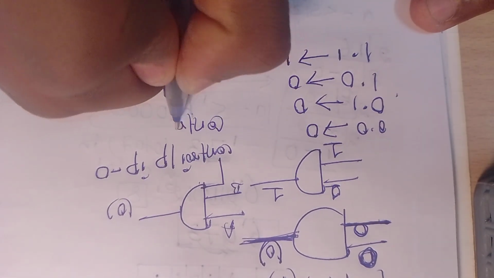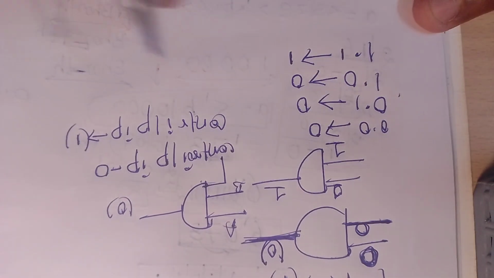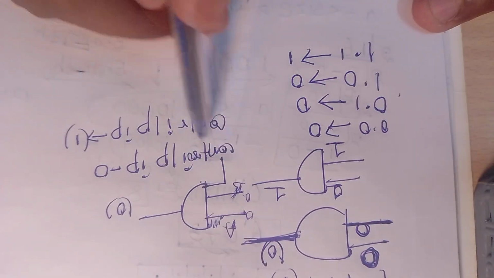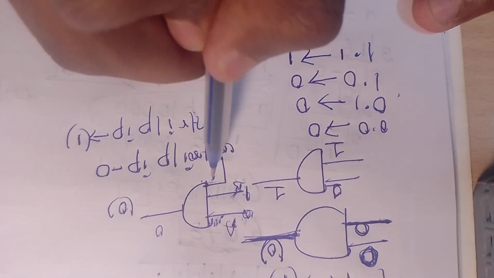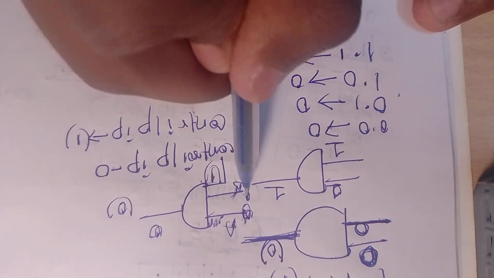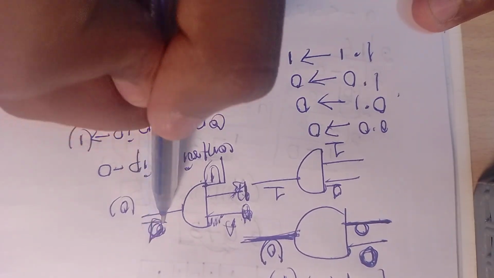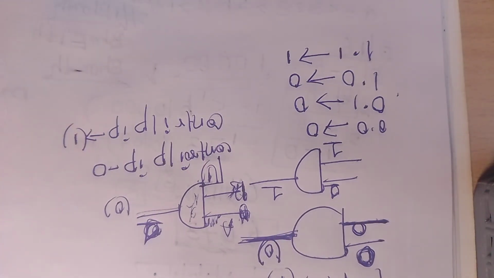If I need to enable my gate, you have to provide the control input as 1. Then according to the inputs applied, 0 0 gives 0, 0 1 gives 0, 1 0 gives 0, and 1 1 gives 1. Some functionality happens inside, so you get the output according to that.